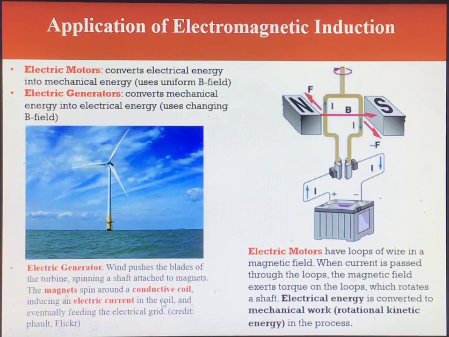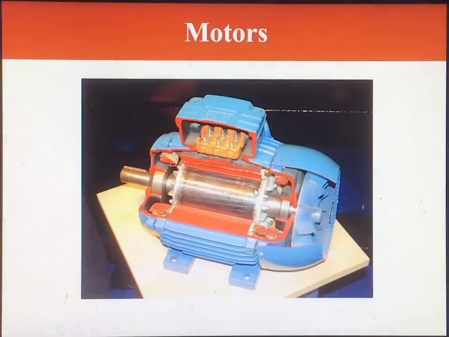Again, this is an example where we're taking mechanical energy from the wind and using the principle of electromagnetic induction to convert the mechanical energy into electrical energy. Now this is just a picture that shows you a typical example of an electric motor. It simply takes electrical energy and converts that energy into mechanical energy using a magnet.